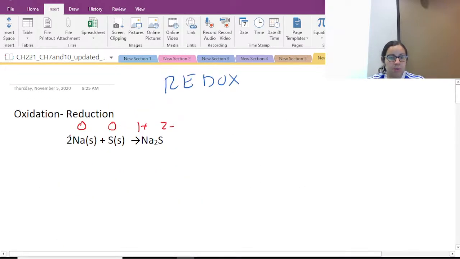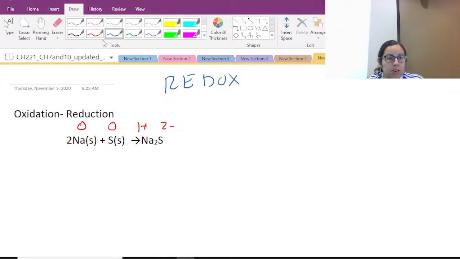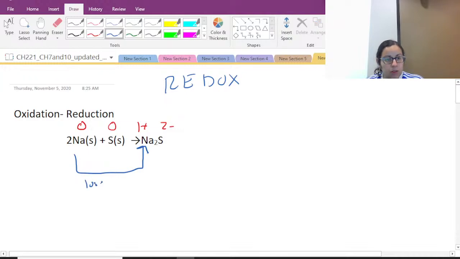We can see our metal, and you're going to notice this right away: your metals tend to supply your electrons, and so they go to a positive oxidation state. They lose electrons. Then you want to practice doing the bookkeeping. They gave us a balanced reaction.